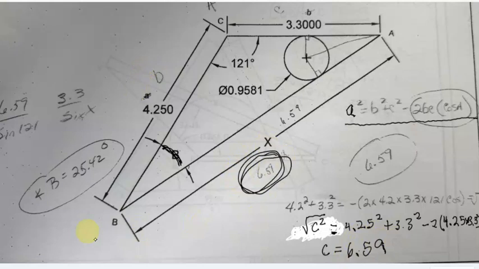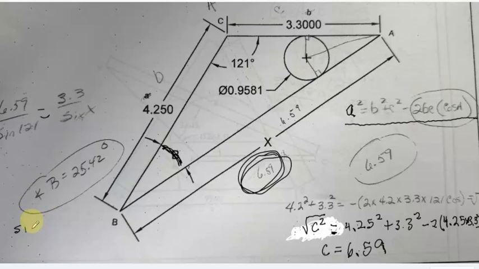Okay. So now we can jump over to the law of sines. We have 6.59 over the sine of 121 equals 3.3 times the sine of x, which again, you'll multiply 3.3 times the sine of 21 divided by, and let me just write this out for you so you have it.